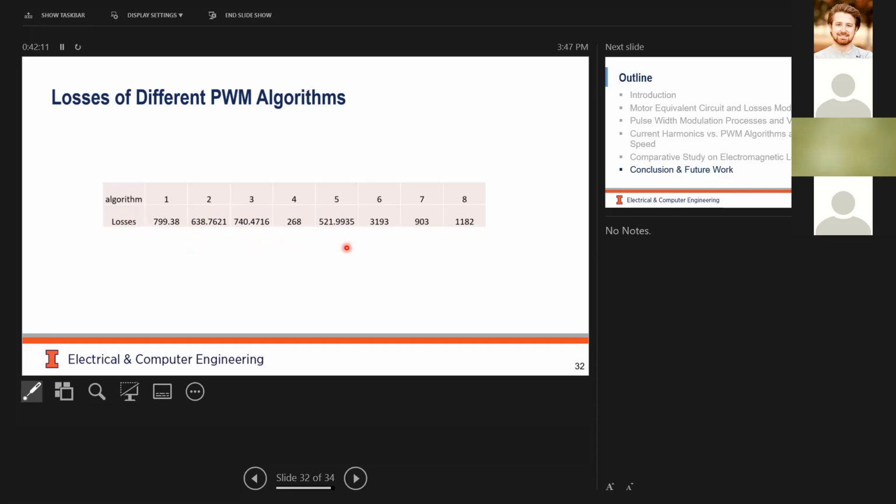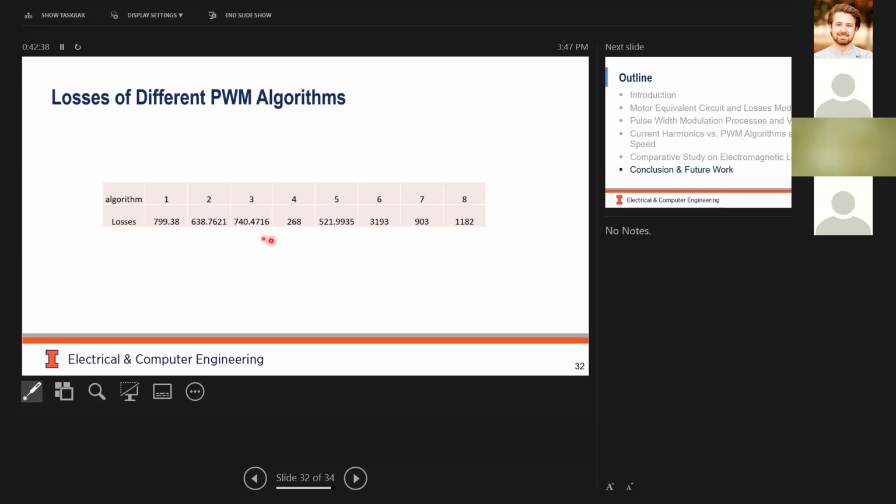We did not consider the DC power losses and the fundamental flux losses in the iron core. So this is only for the harmonic losses. We can see that this single edge space vector method has very high losses. So it's not usable.